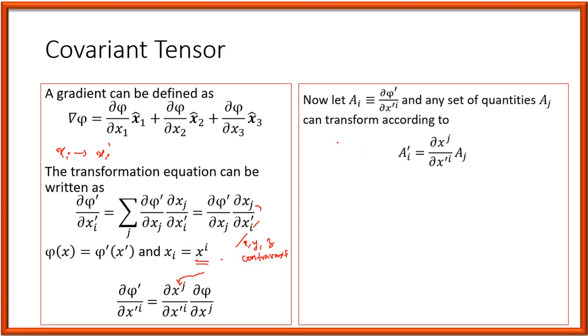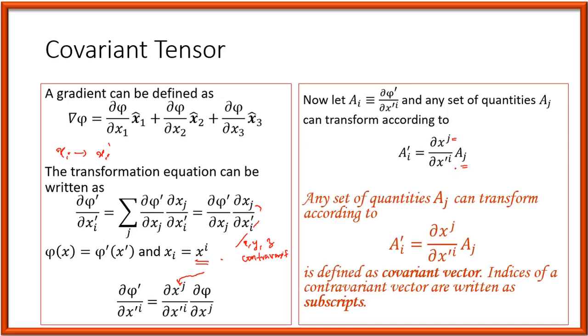Now I would like to represent dou phi dash by dou xi dash as ai, and any set of quantities can transform according to ai dash is equal to dou xj divided by dou xi dash times aj. You can see that the j components are both in the numerator.